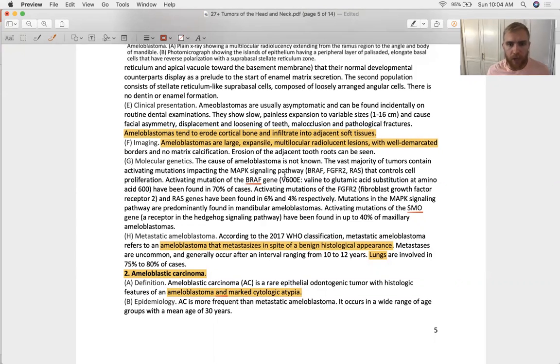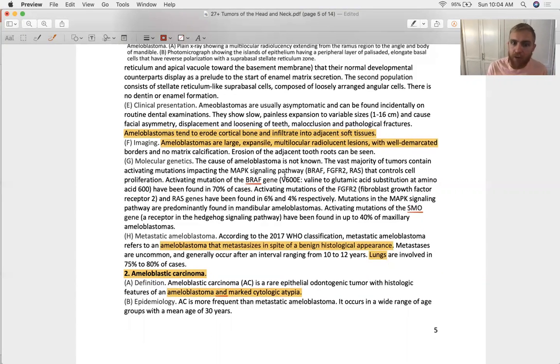But really, any mutations in the MAP kinase pathway are going to lead to a higher predilection for the ameloblastoma. MAP kinase pathway is going to be an activating pathway that gets cells to grow and get through the G1 phase of the cell cycle pretty rapidly.